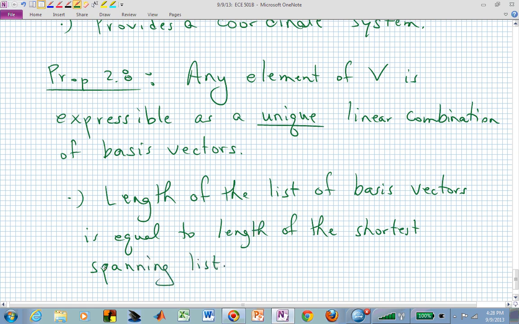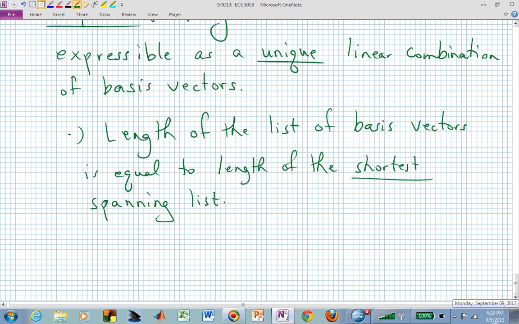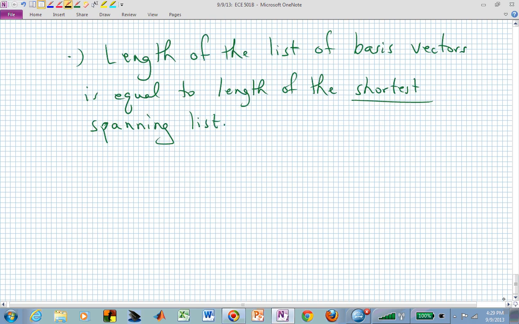I think before we talked about having spanning lists that could be 10, 11, 12, 13 in length. Well, if we have a set of basis vectors, then that set has to be linearly independent. And so that's going to be the minimum number of vectors in that list, which corresponds to the shortest length of your spanning list of vectors. And that's all based on this concept of linearly independent vectors, that length being less than or equal to the length of your spanning set.